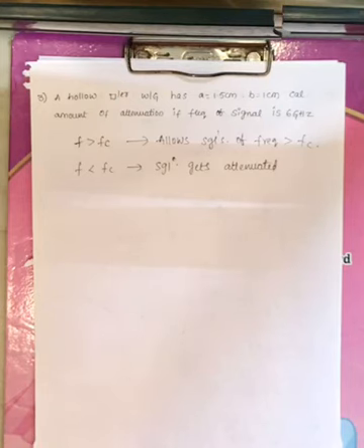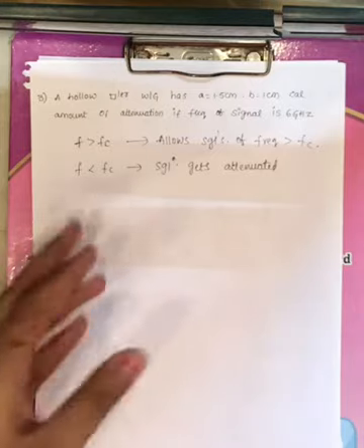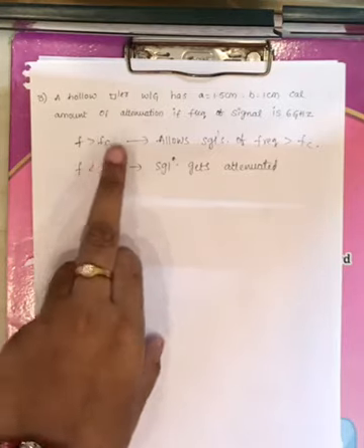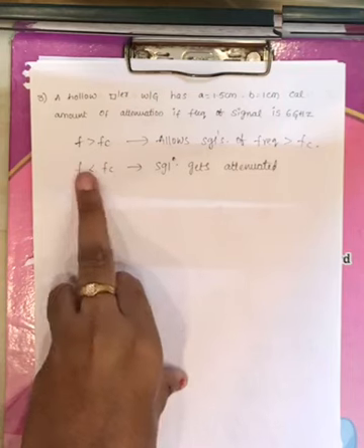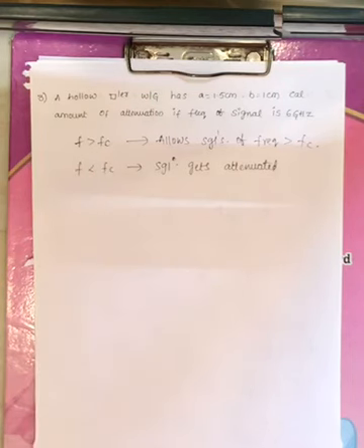You know the meaning of high pass filter: it will allow the frequencies which are greater than the cutoff frequency only. Below the cutoff frequency, all signals will get attenuated.